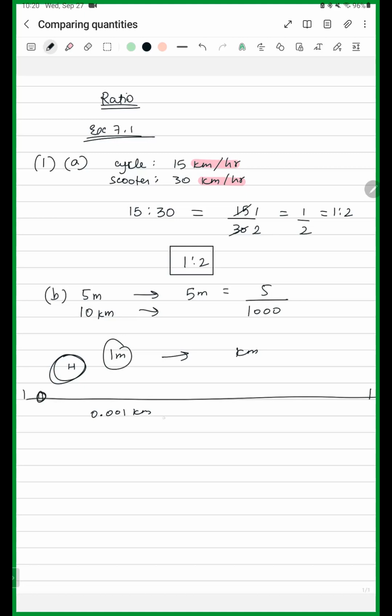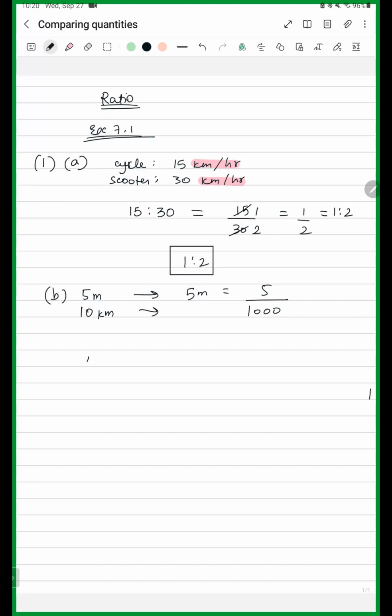If you're not understanding that, then let me explain it in another way. See, 5 meter. Now just remember one thing. 1 kilometer is how many meters? 1,000 meters. So 1 meter is 1 divided by 1,000 kilometers, right? What we are doing is dividing throughout by 1,000. So 1 meter is 1 by 1000 kilometers. So 5 meter is 5 into 1 by 1000 kilometers.